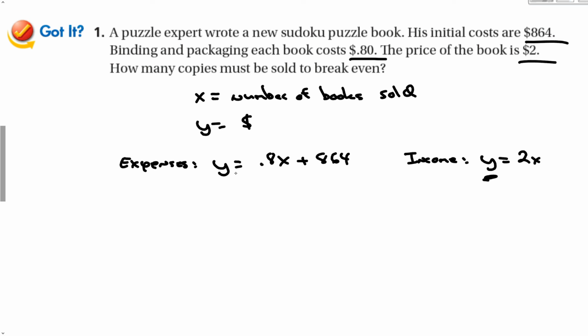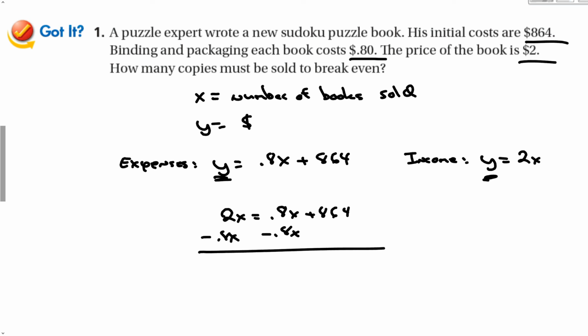Again, because both of these are equal to y, I can set them equal to each other using substitution. So 2x is equal to 0.8x plus 864. I'm going to subtract 0.8x from both sides to give me 1.2x is equal to 864. Divide by 1.2.